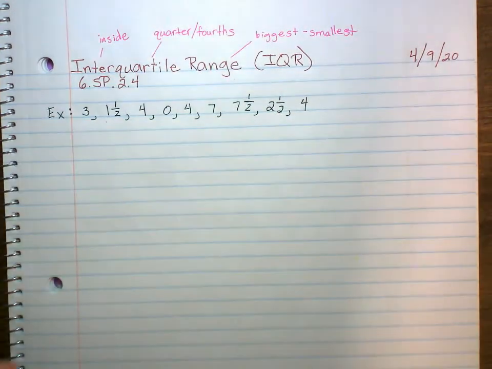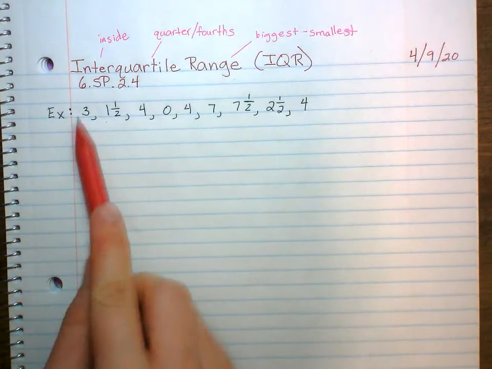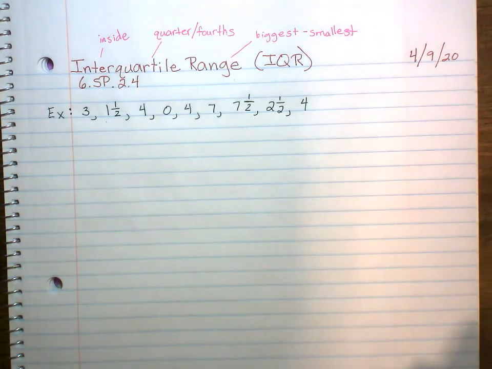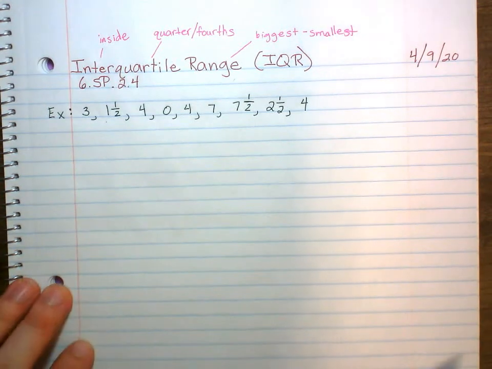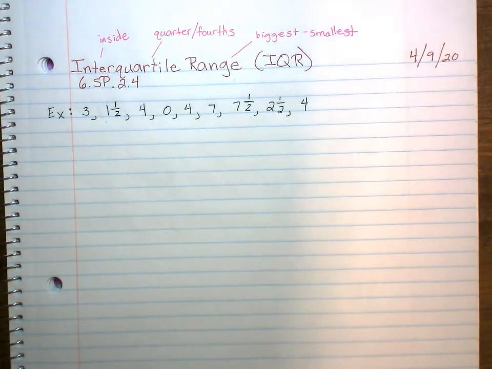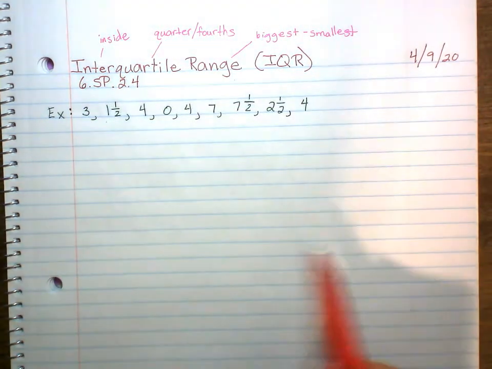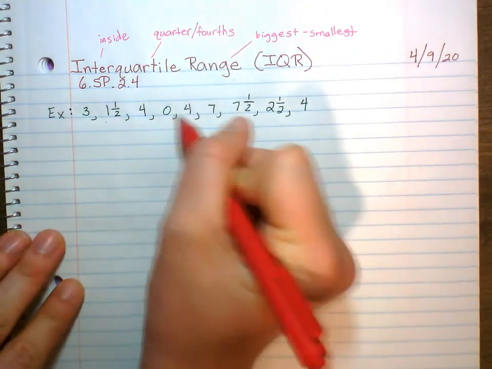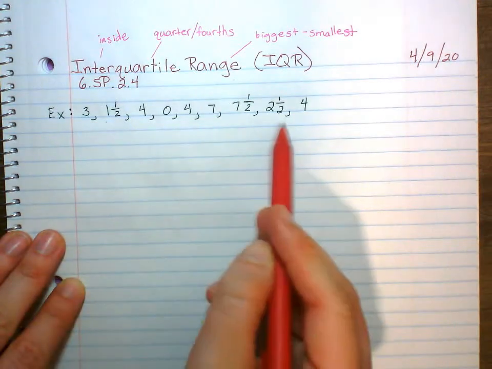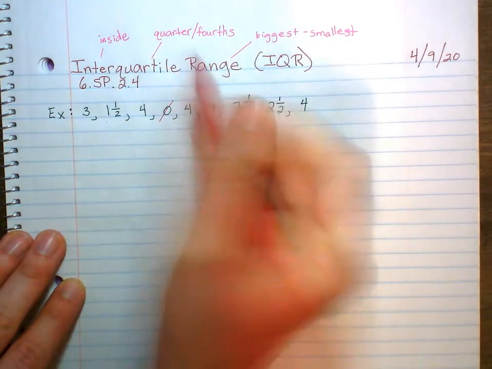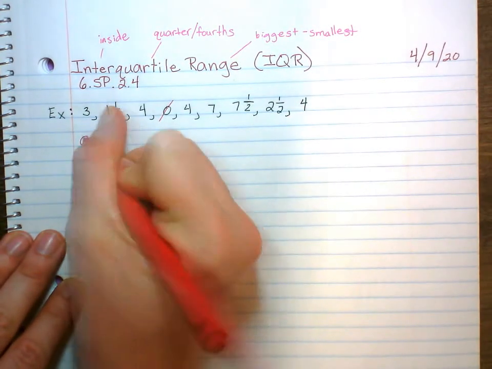So I gave you a data set. The first step, guys, whenever you get a list of numbers, what do you need to do with them? Immediately when you get a list of numbers, you need to put them in order. Put them in order from smallest to biggest, from least to greatest. So 0, because we don't have any negative numbers. So 0 is the smallest. Cross it out, write it down.